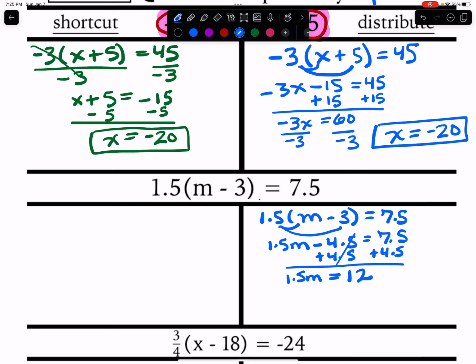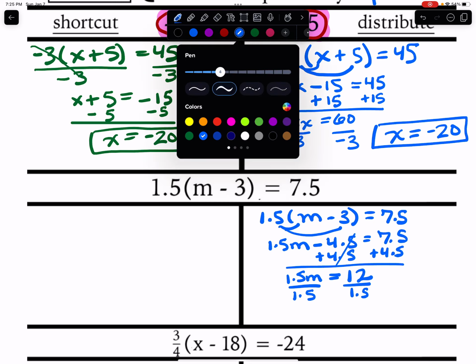And then I'm going to divide both sides by 1.5. And don't forget, we are doing equations now, and it is okay to use your calculator. So I'm going to do that right now, just to make sure. And we get 8. So m equals 8.